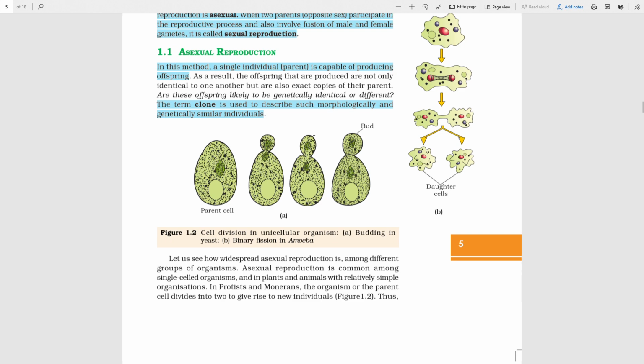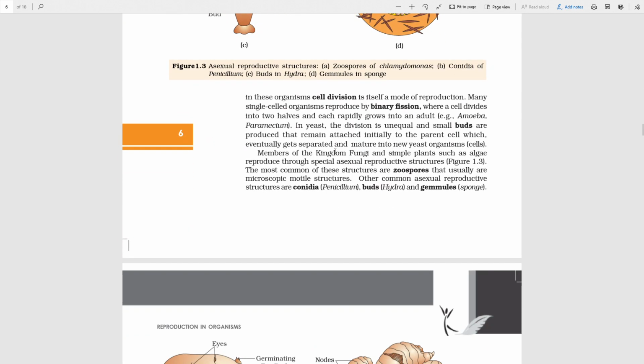You may have to note it. The wall between the parent and the bud is known as a septa. It's a constriction, as we have in amoeba. In yeast, the division is unequal and small buds are produced and mature into new yeast organisms.